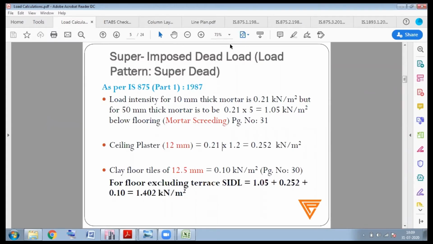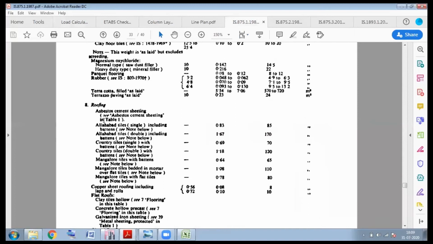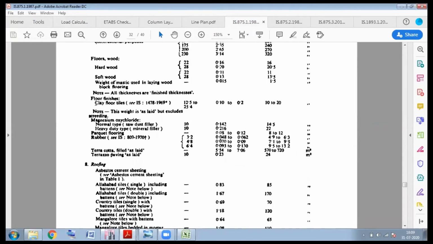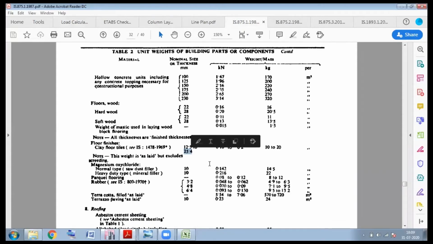And above the floor, we are using tiles, the clay floor tiles. Here I'm using the clay floor tiles. For clay floor tiles, on page number 30, it is noted that the nominal size is 12.5 to 25.4 mm, and the load intensity is 0.10 to 0.2.